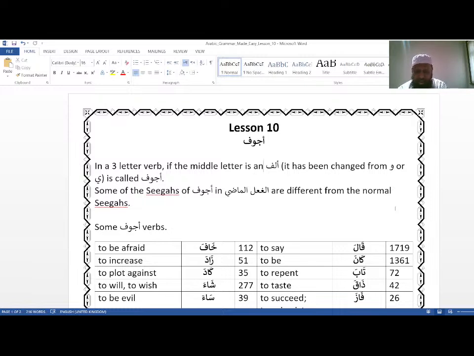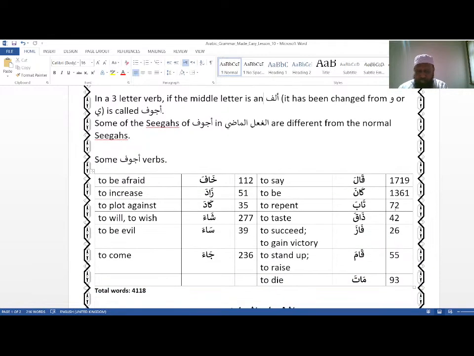Next, taba, to repent. Next we have dhaqa, to taste. Next, faza, to succeed or to gain victory. Next, qama, to stand or to rise. Mata, to die.